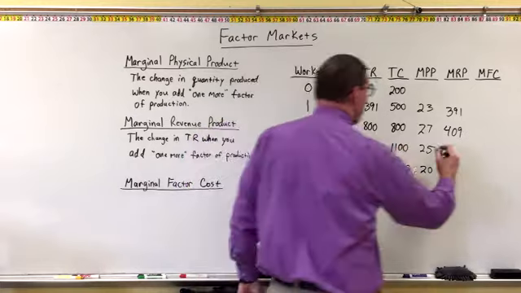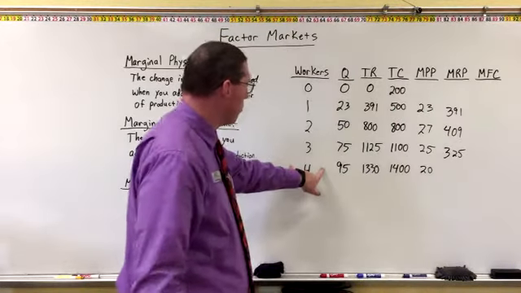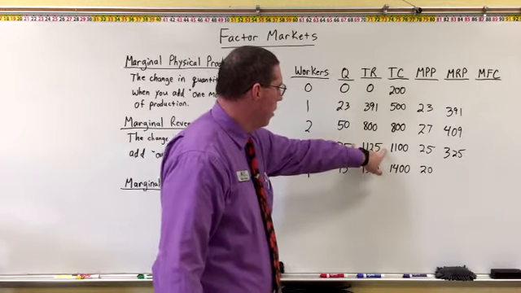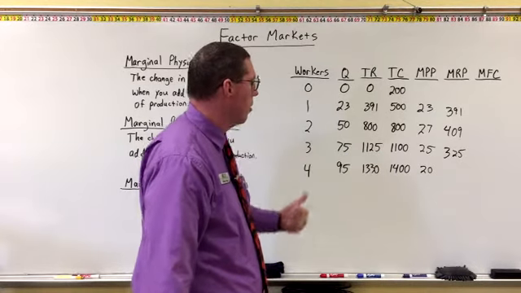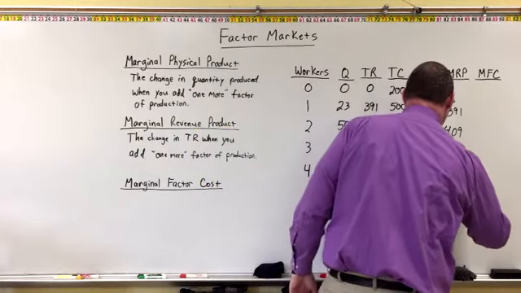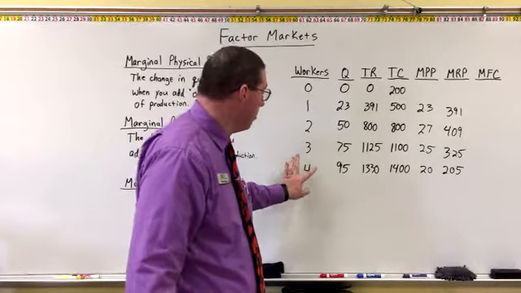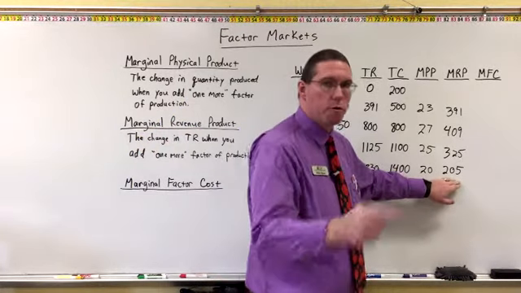This minus this, 325. And then lastly, on the fourth worker, when you add the fourth worker, your total revenue goes up to 1330 from 1125. So if we do this number minus this number, we get 205. So the marginal revenue product of the fourth worker is 205. By employing a fourth worker, you are earning $205 more.